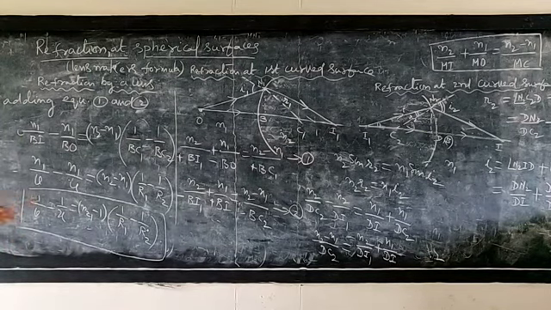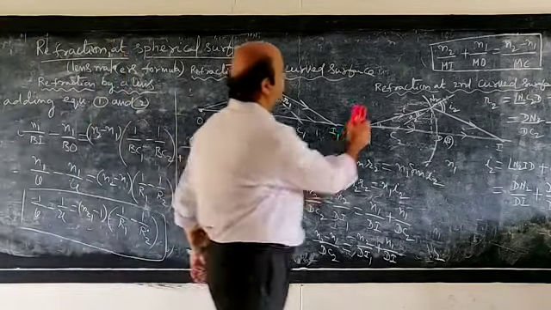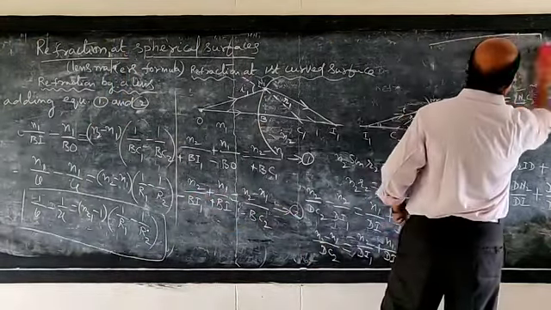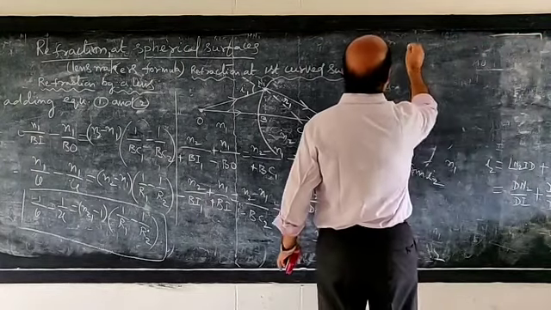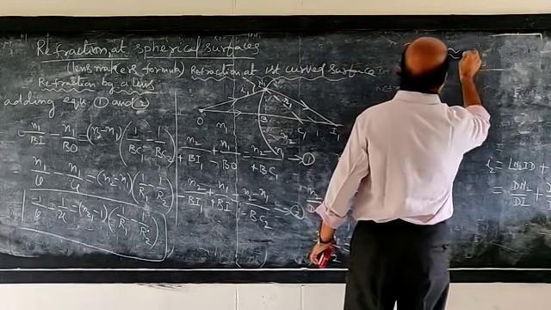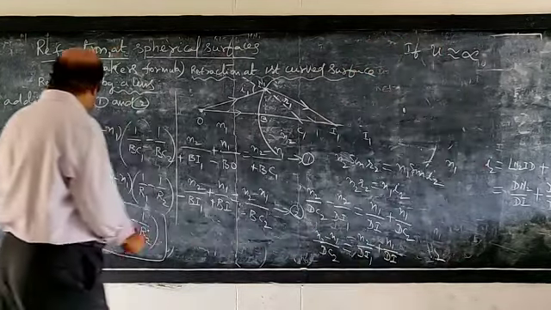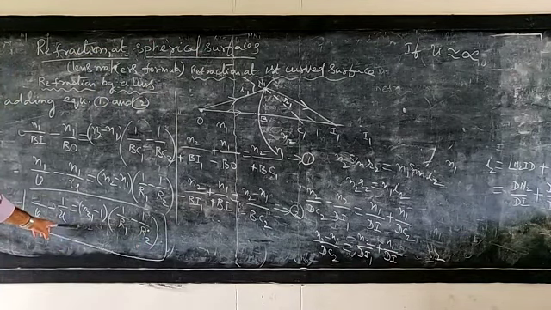Now suppose the object is at infinity, what happens? If the object is at infinity, u will be infinity, and 1 by infinity will be 0.